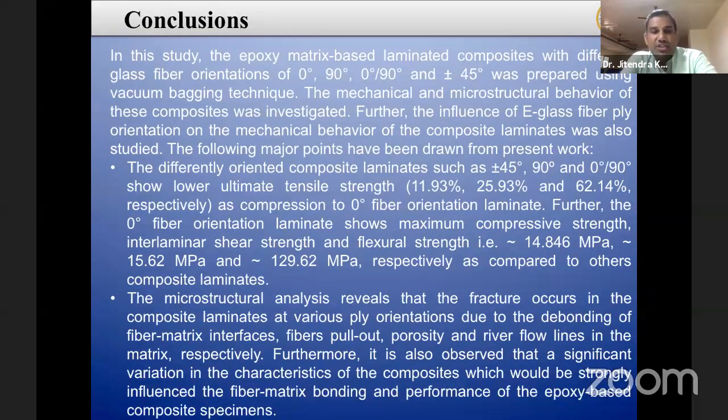From the microstructures, we observed that the composite laminates of various orientations failed due to debonding of the fiber-matrix interaction, fiber pull out, porosity, and river flow lines in the matrix. We also observed a significant variation in the characteristics of the composite, which strongly influences the fiber-matrix bonding. These are the observations from these results, and this paper is published in the Arabian Journal for Science and Engineering.